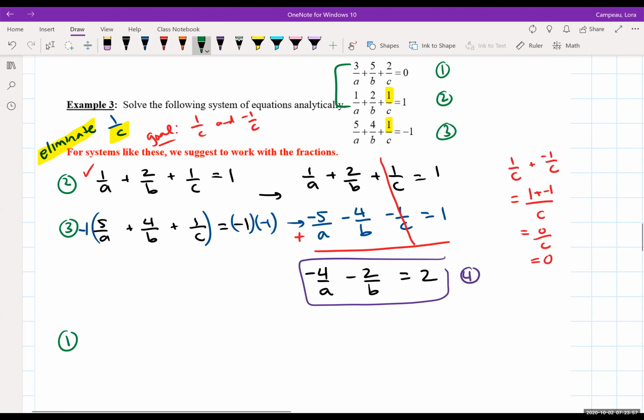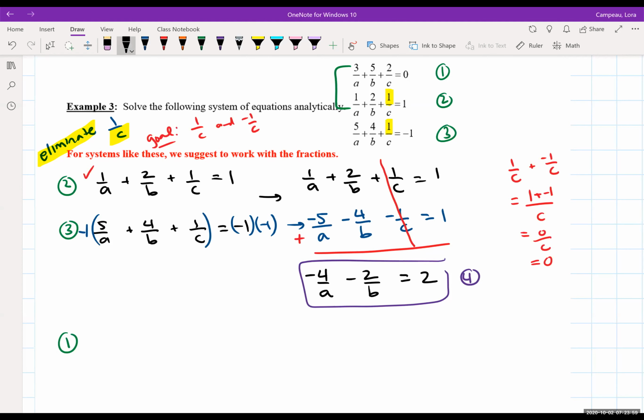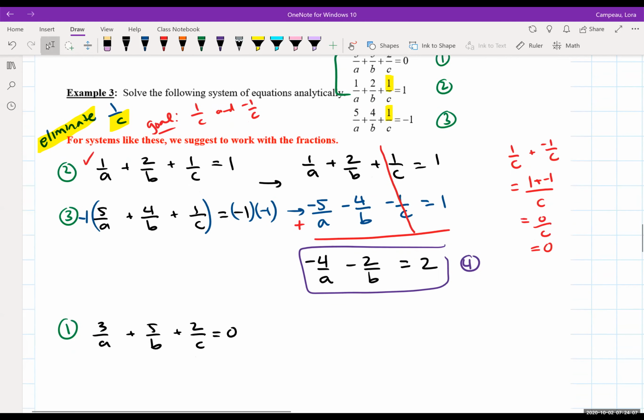Number 1, I have 3 over a plus 5 over b plus 2 over c equals 0. And equation number 2, I have 1 over a plus 2 over b plus 1 over c equals 1.